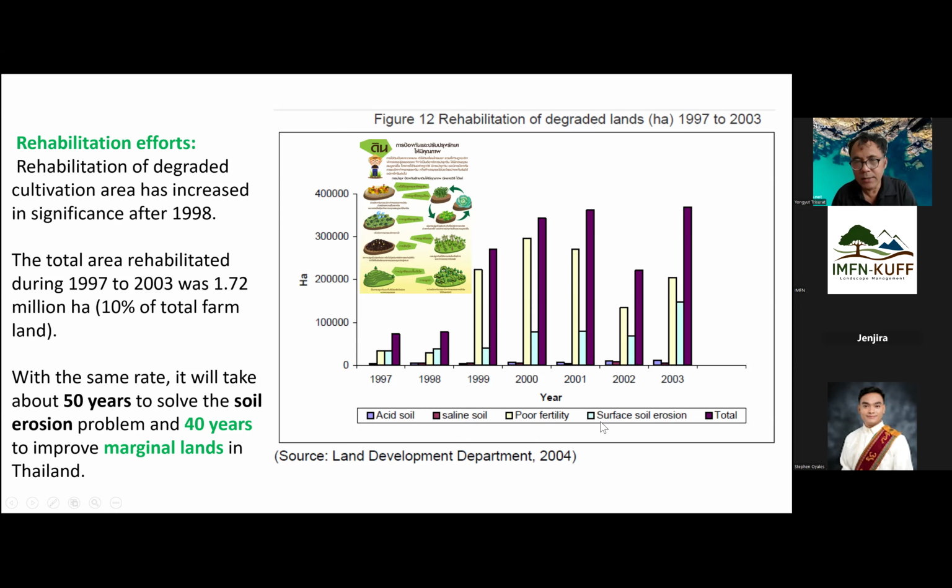Particularly the poor fertilizer, the yellow one, and the blue one, surface soil erosion. So soil erosion, other areas, the land improvement.